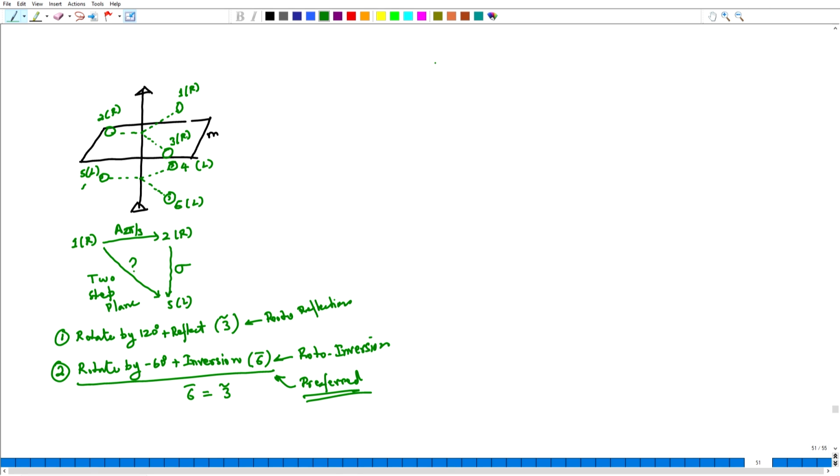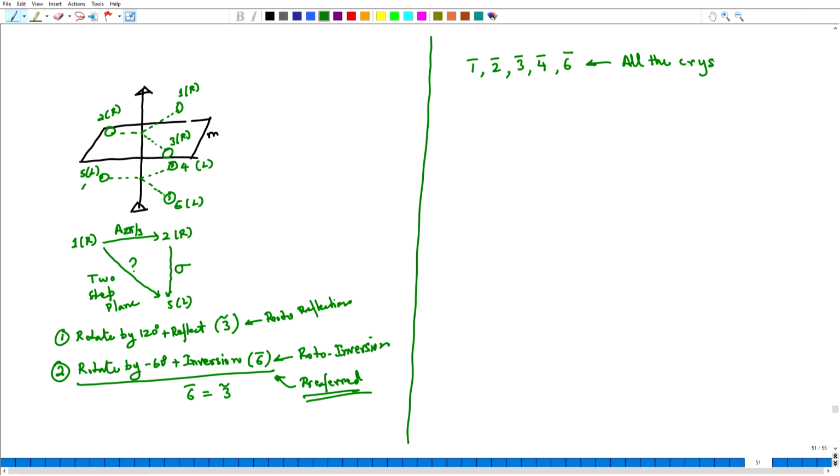Now, how many roto-inversion symmetries can there be? Well, take all the crystallographic rotation axes. So, I will have 1 bar, 2 bar, 3 bar, 4 bar and 6 bar. These are all the crystallographic roto-inversion symmetries possible.